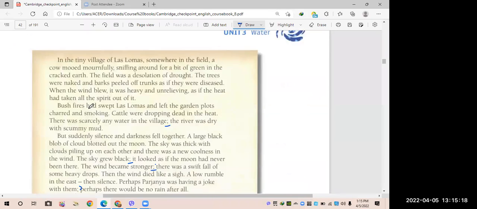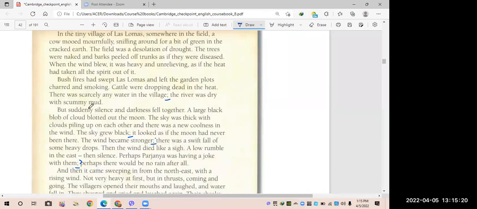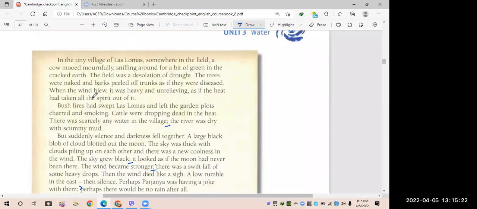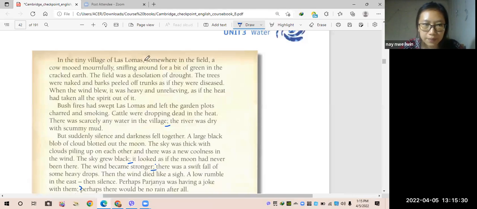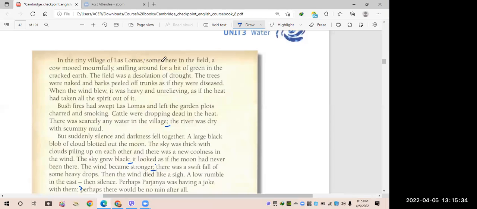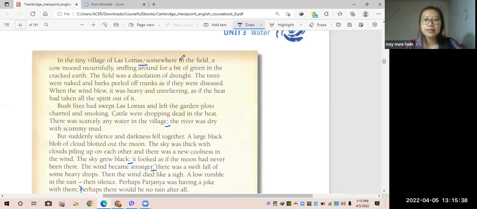The first one: in the tiny village of Les Lomas. Semicolon, I think. So you want to use a semicolon here, right? Yes, I want to use the semicolon somewhere in the field, after "mournfully", because there is an explanation of the place.